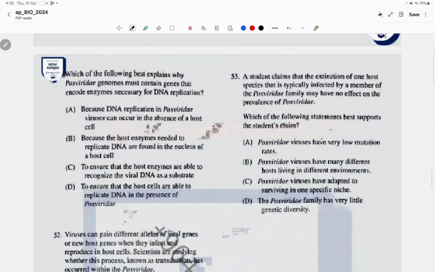51. Which of the following best explains why this virus family's genomes must contain genes that encode enzymes required for DNA replication? They must have genes that encode enzymes, so the virus must bring its own genes that make the enzymes required to replicate the DNA.